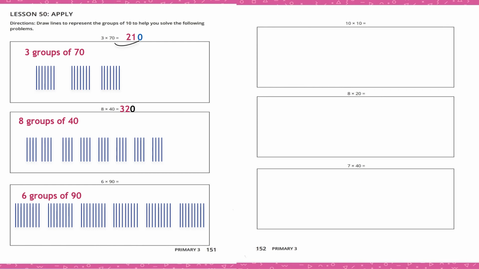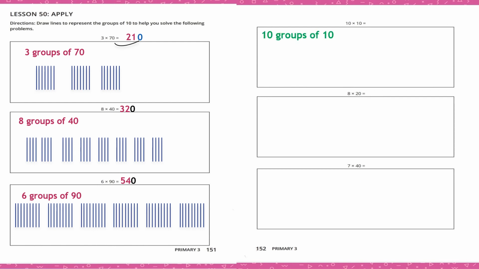But if I want to solve using multiplication, I will take 0 out. As I said before, if I have 0 in a factor, I will take the 0 out and multiply 6 times 9. 6 times 9 is 54. And we have 0 here in the ones. So the total is 540.